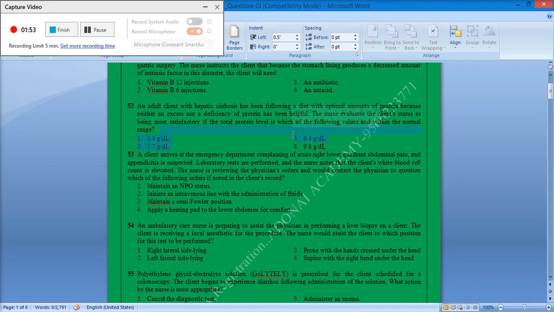Maintain an NPO status. 2. Initiate an intravenous line with the administration of fluid. 3. Maintain a semi-Fowler's position. 4. Apply a heating pad to the lower abdomen for comfort. The correct answer is 4. Apply a heating pad to the lower abdomen for comfort.